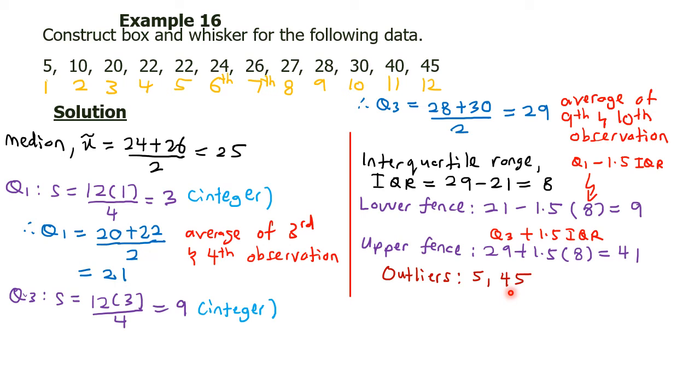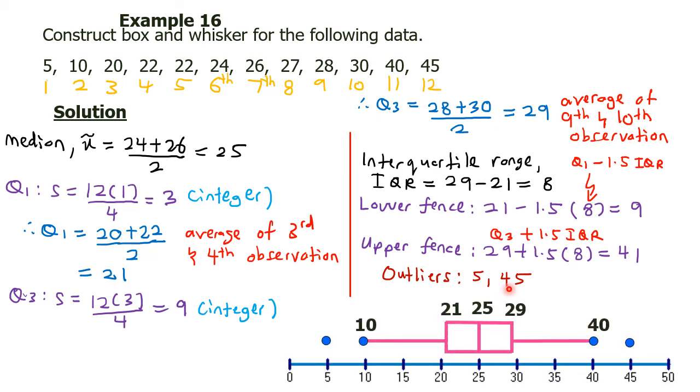After we obtain all these values, we can plot them into our box and whisker. Remember to put a scale below here. Since the values are quite big, the size of the scale will be 5. And don't worry, just sketch according to the scale, and don't forget to label the value of the first quartile, the median, the third quartile, and also 10 and 40, which are not the lower fence and upper fence.